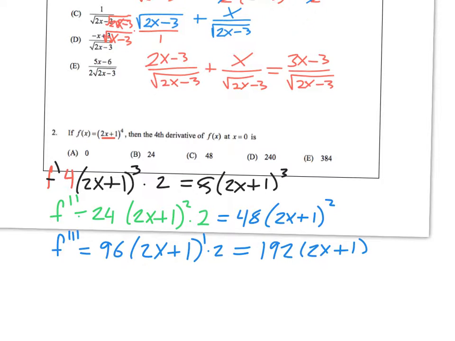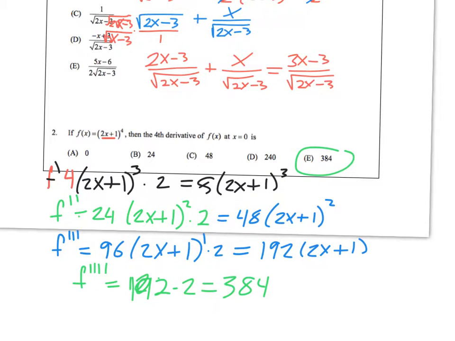And then we're going to have a fourth derivative. When we do that, it's just going to be 192 multiplied by the derivative of the inside, because there's nothing left there, which is 2. 384 would be your final answer, which is E.